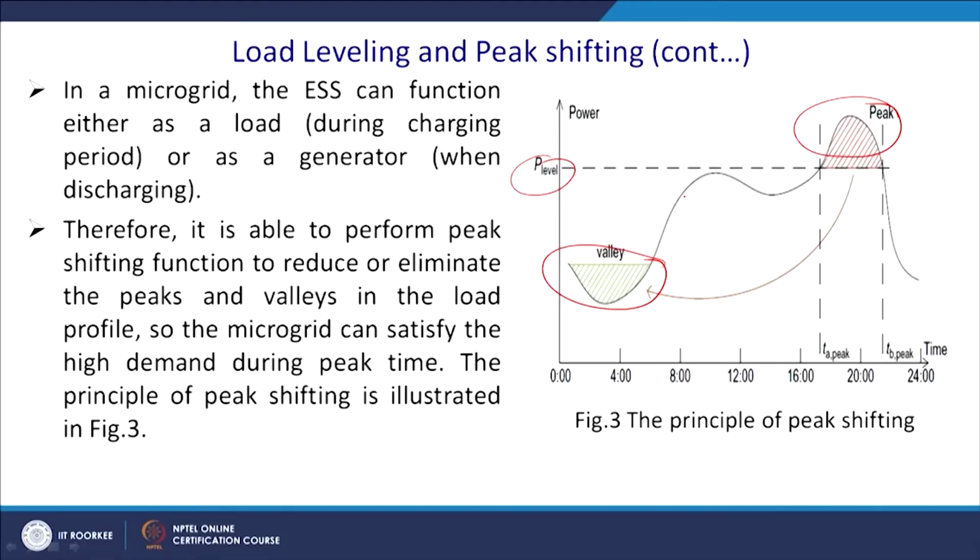This is a 24 hour load pattern, and you can see a peak load from 17 hours to 21 hours maybe, and in the early morning you almost do not have any load, and that is the valley period.